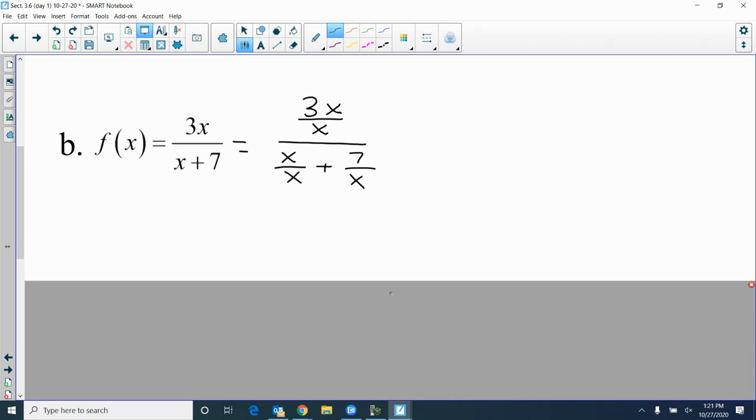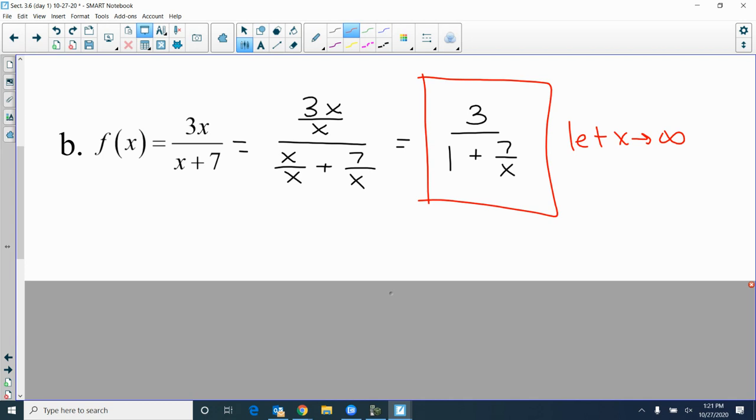All right, simplify now. 3x over x, what does that simplify to? It simplifies to 3. X over x is a 1. 7 over x we can't do anything with. All right, now let x go to infinity. What will happen to this expression as x gets really big? Well, there's only one term with an x.